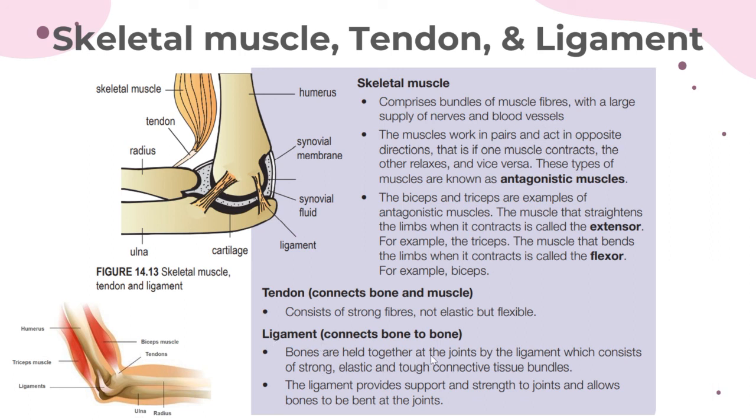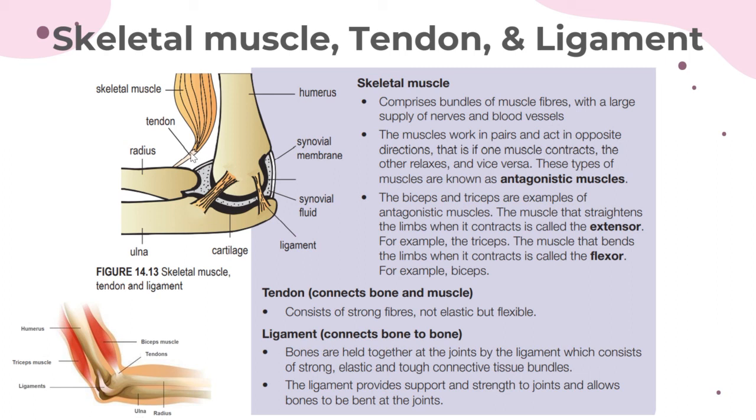Bones are held together at the joint by the ligament, which consists of strong, elastic, and tough connective tissue bundles. So the ligament is strong, also like a tendon, but it is elastic.